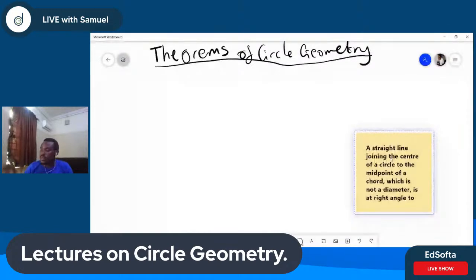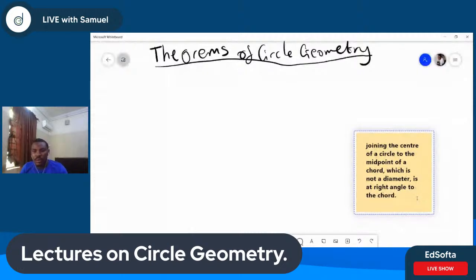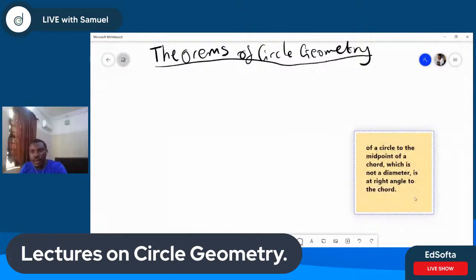It says a straight line joining the center of a circle to the midpoint of a chord which is not a diameter is at right angle to the chord.